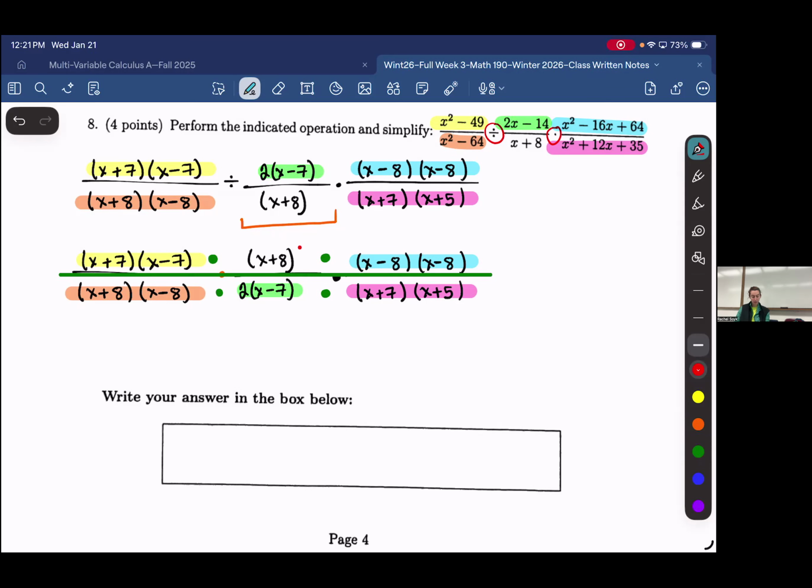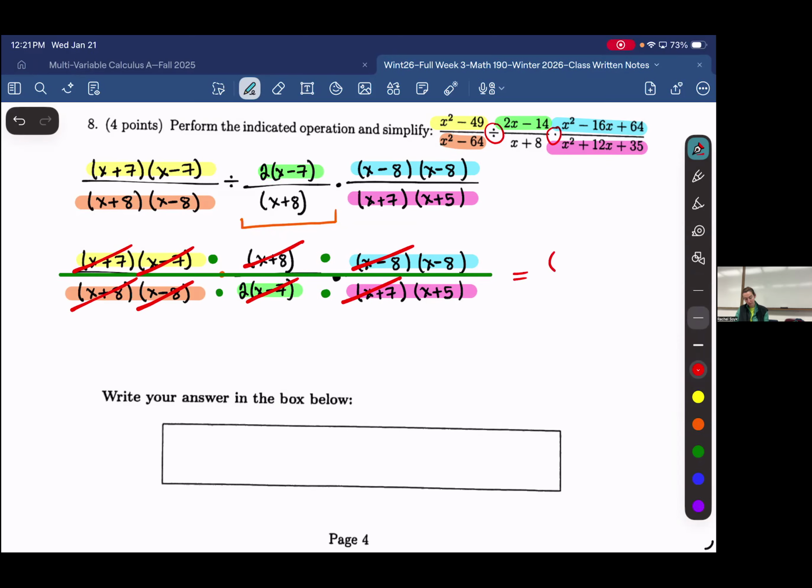If you see an x plus 8 in the numerator and an x plus 8 in the denominator, cancel it out. If you see an x minus 8 in the numerator and in the denominator, cancel it out. An x plus 7 in the numerator and the denominator, cancel it out. An x minus 7 in the numerator and the denominator, cancel it out. And then what are we left with?